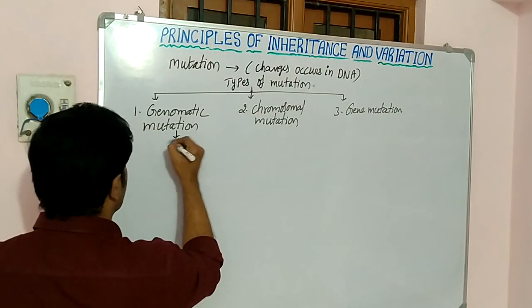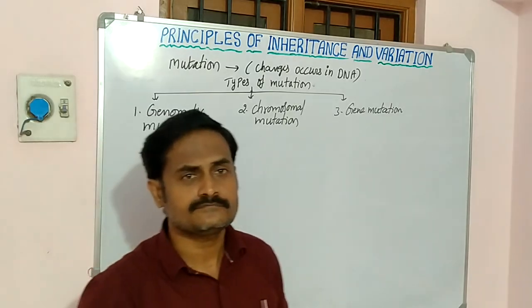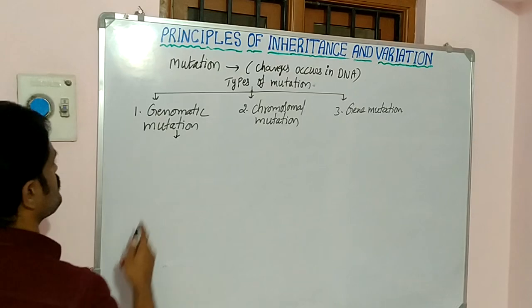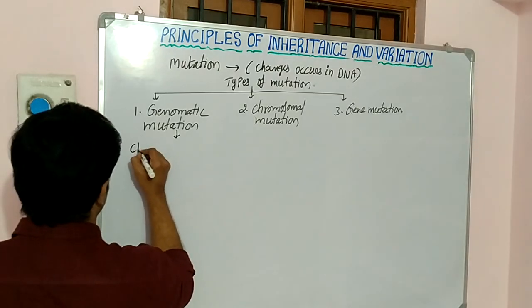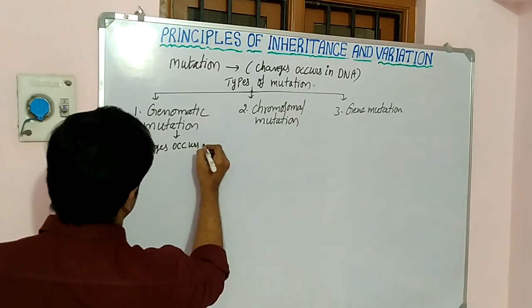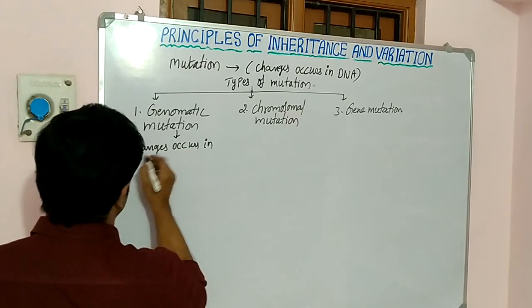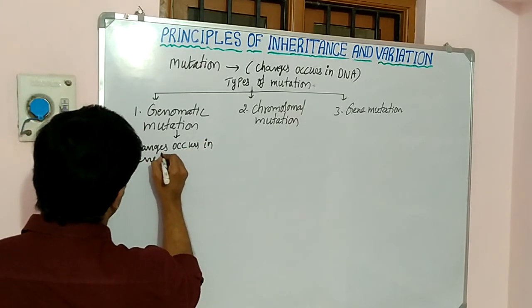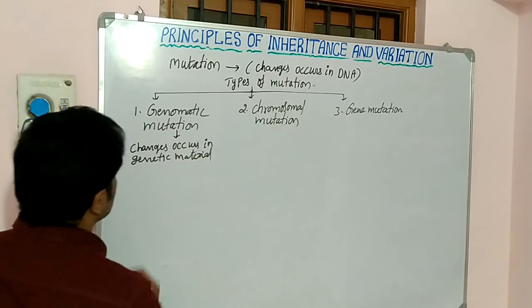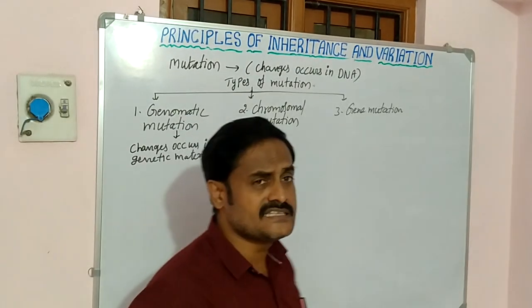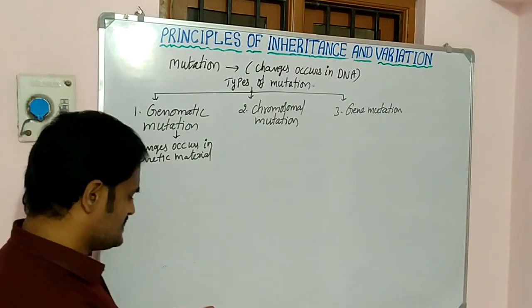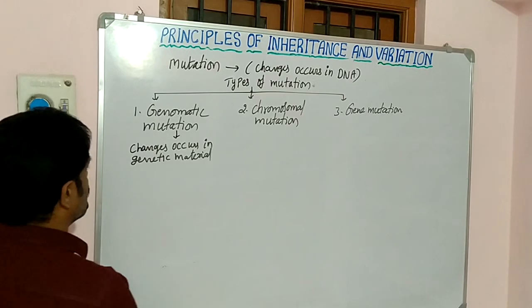What does genomic mutation mean? Changes occur in the chromosomes, in the genetic material.